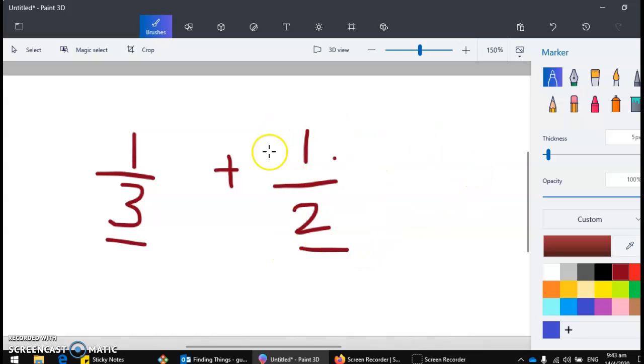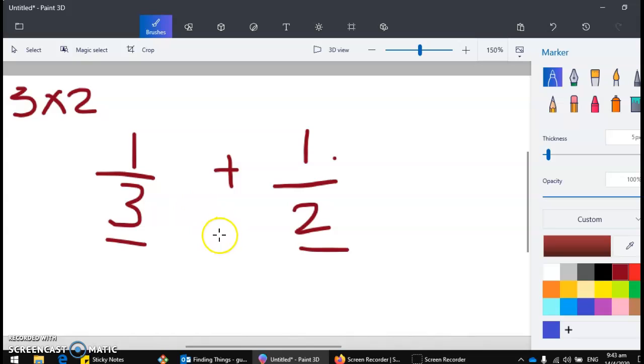We shall start with making the denominator the same. I shall call this marrying fractions. 3 shall marry 2 and 2 shall marry 3 to make it the same. By marrying, I mean multiplication.